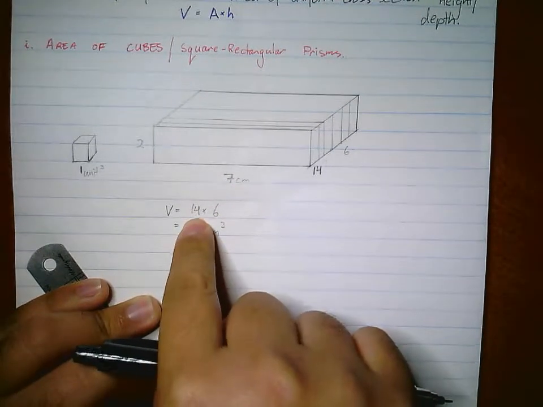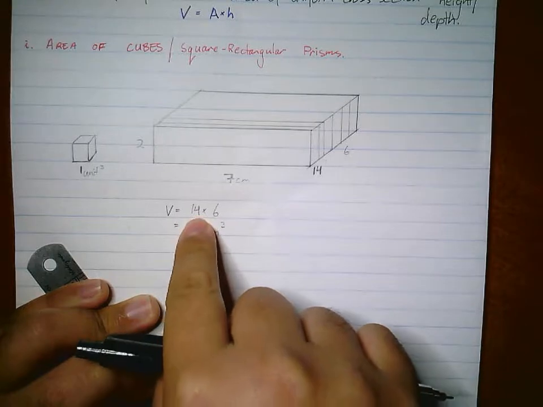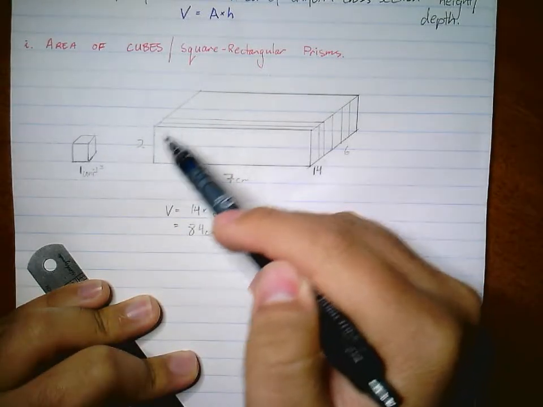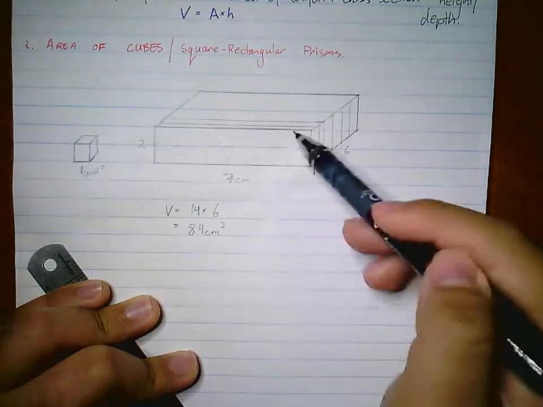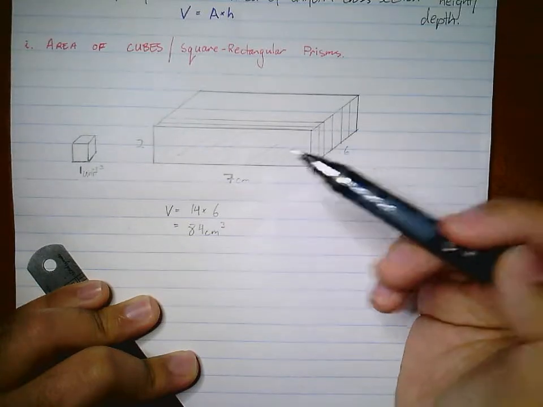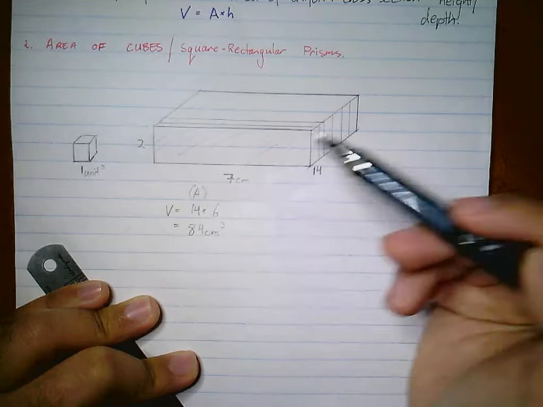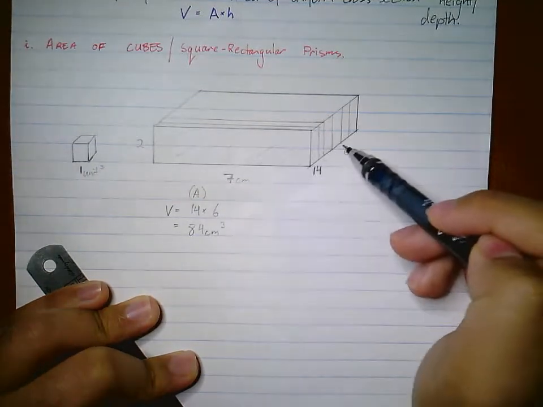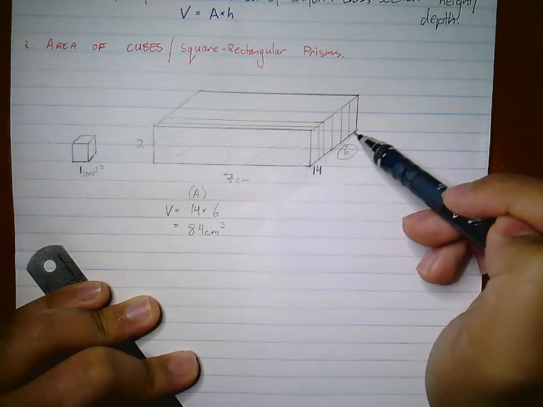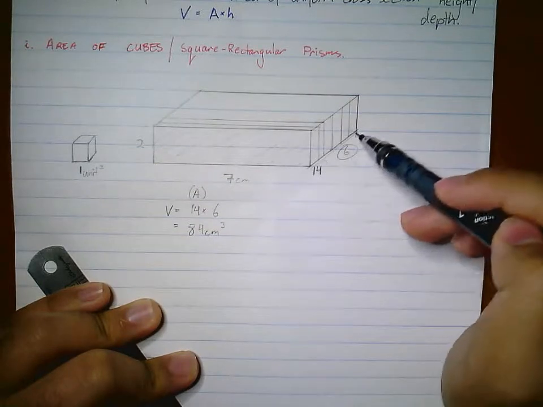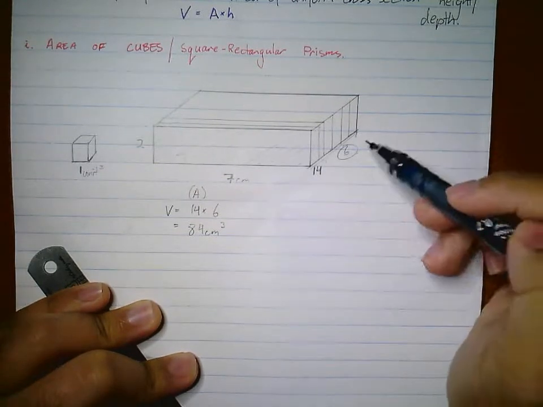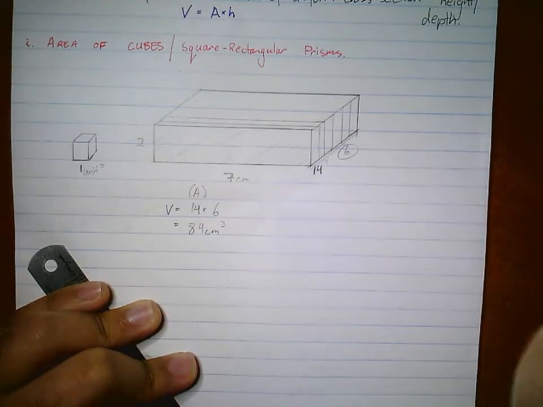But if you take a look at that 14, isn't that 14 the area of this face? So that there is actually the area, A for area, and 6 is just the depth of this prism, or the height of this prism.